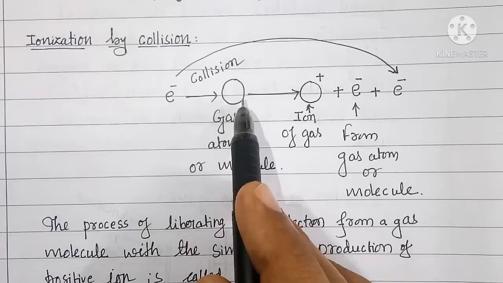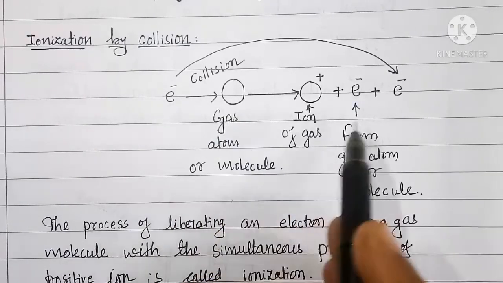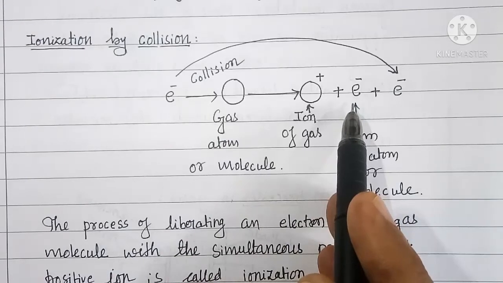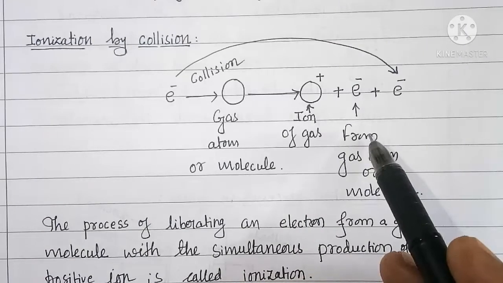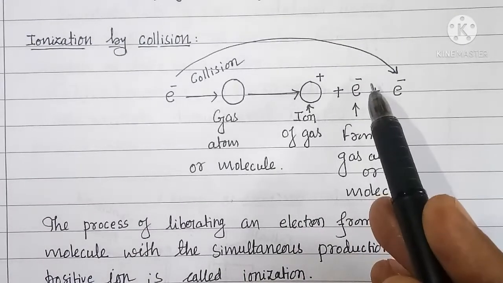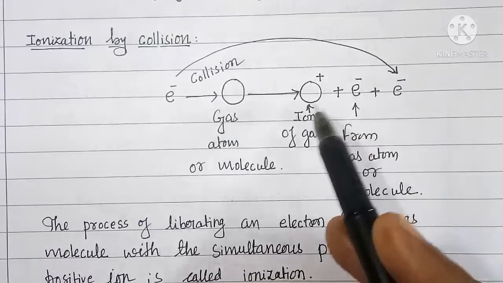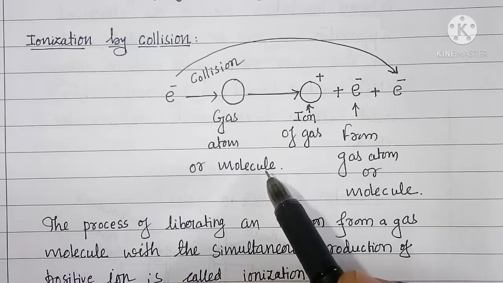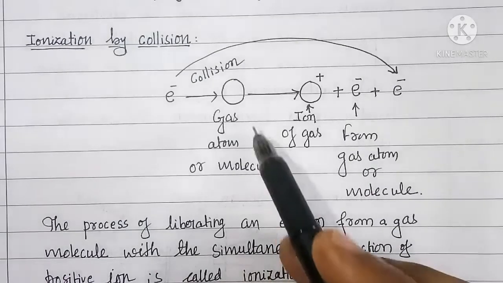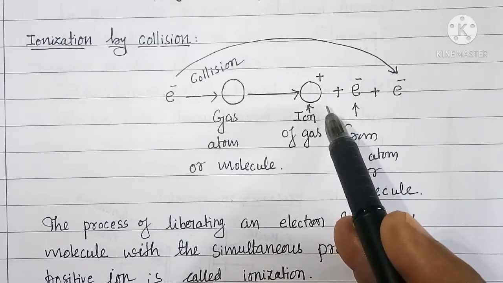After collision, an electron was dislodged from the gas molecule or atom. When that gas atom or molecule lost one electron, it had become a positive ion.